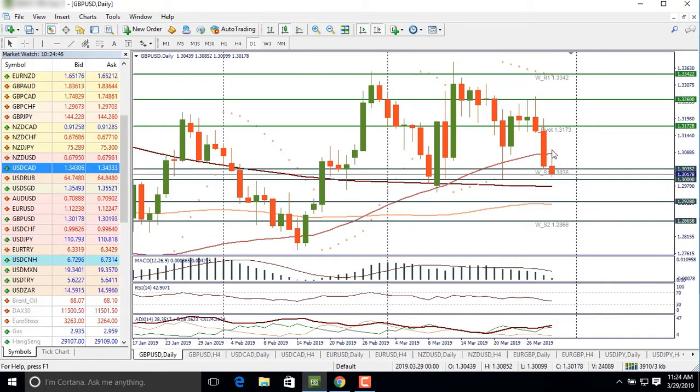And today it has continued to fall towards the next support at 1.3.